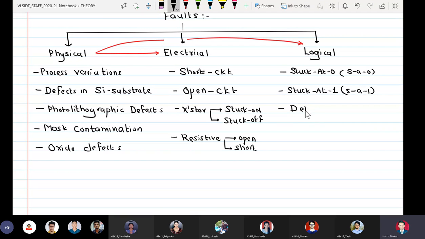Then we have delay faults. The same concept of skew, that is clock skew, signal skew, and then also clock jitter, and then setup and hold time. All of these abnormalities or practical considerations come under delay faults.